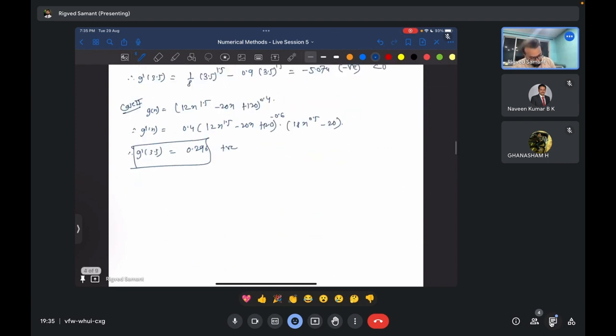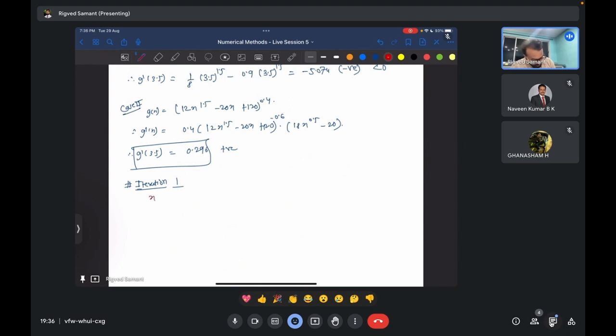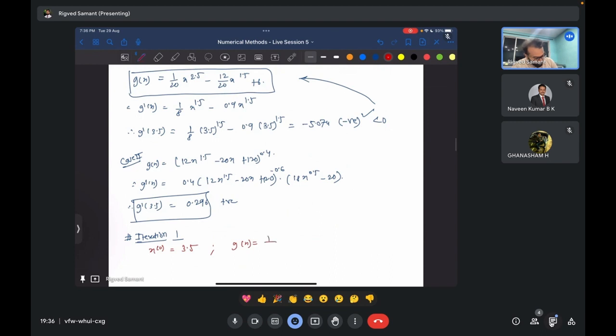Okay, so now you have iteration 1. For that, your initial guess is 3.5 and g of x is 1 divided by 20 x raised to 2.5 minus 12 divided by 20 x raised to 1.5 plus 6.